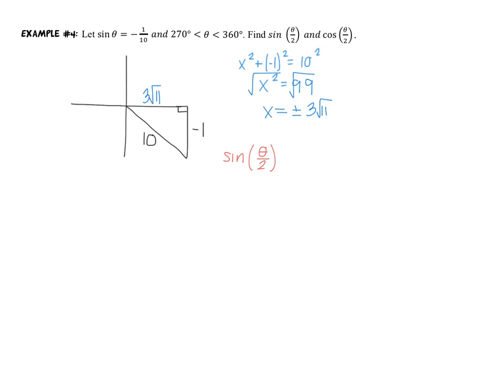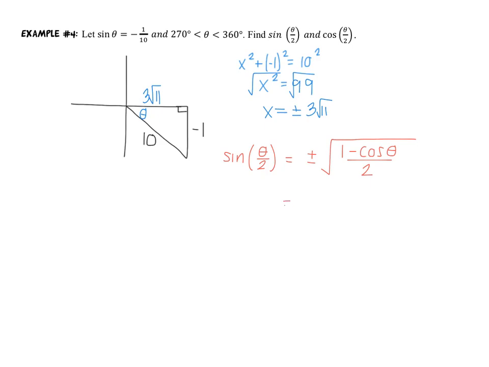This is theta. So the formula is plus or minus the square root of 1 minus cosine theta over 2. Remember, if it's sine of theta divided by 2, it's 1 minus cosine.